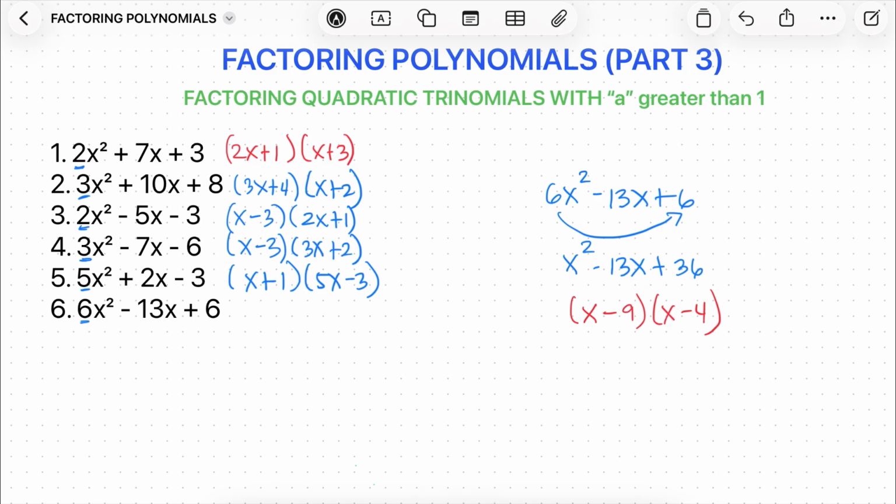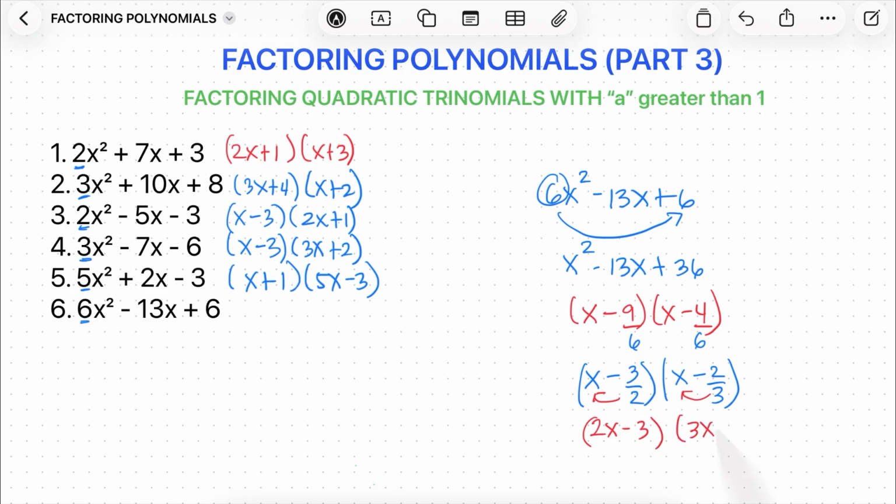And then divide both factors with 6. So simplify our answers. 9 over 6 is divisible by 3, so this one will be 3 over 2. 4 over 6, both are divisible by 2, so this one would be 2 over 3. And then we will just write our answer in a different way, which is multiplying this, 2x minus 3. This one is 3x minus 2.